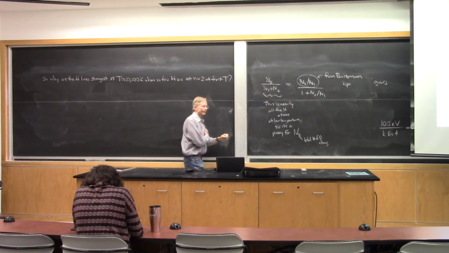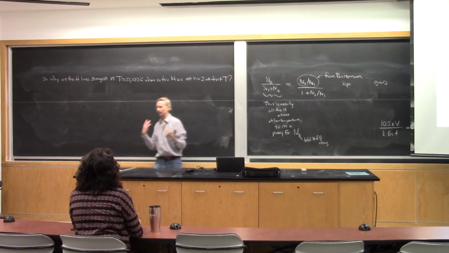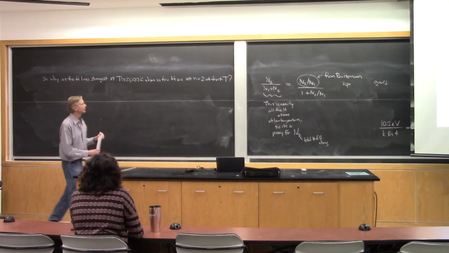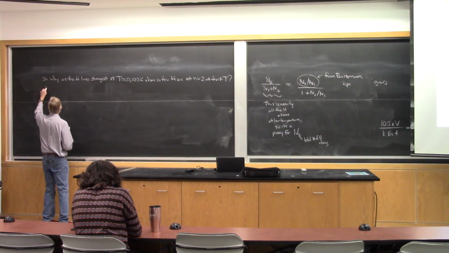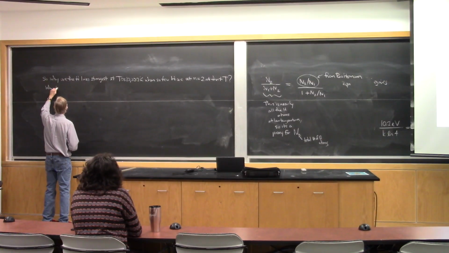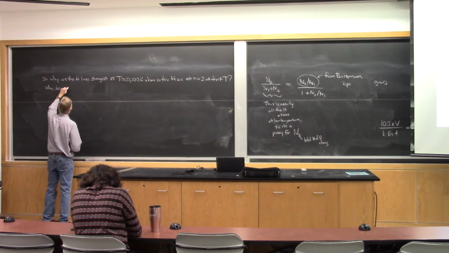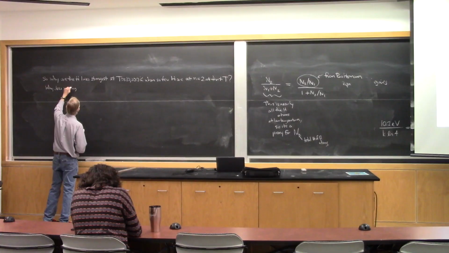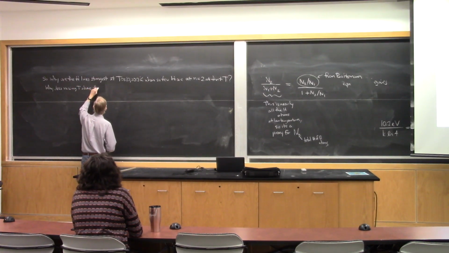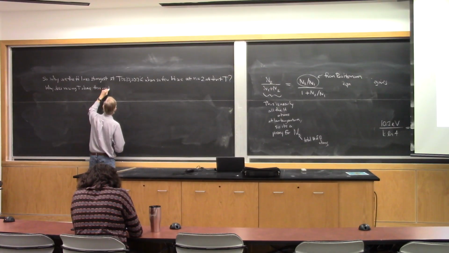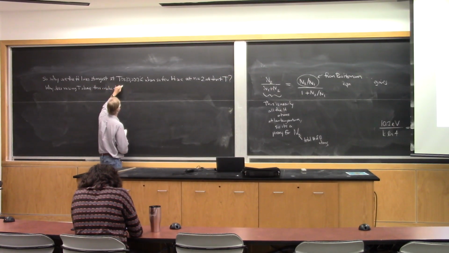You would think raising the temperature would help by putting more and more at n equals 2. Why doesn't it help? It's because of ionization. So by just raising T above this, you make the H lines weaker.